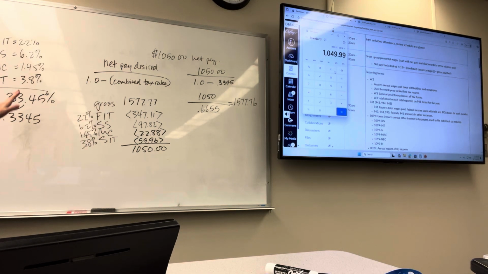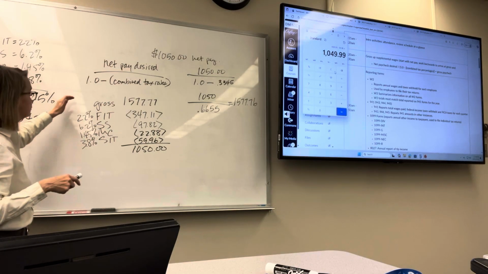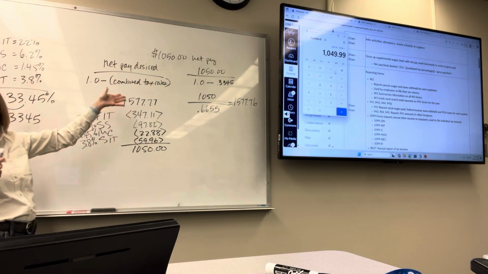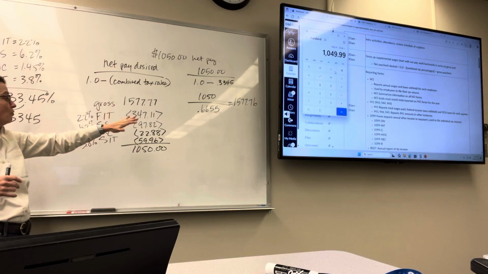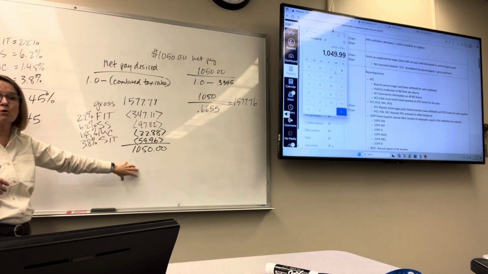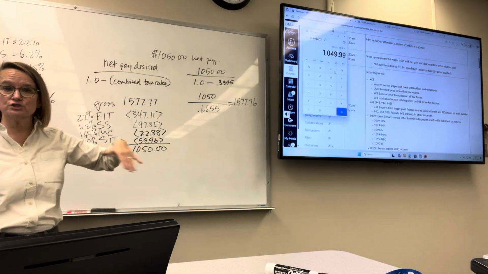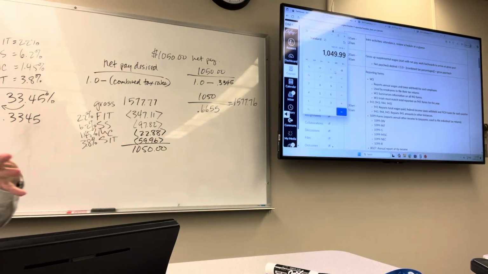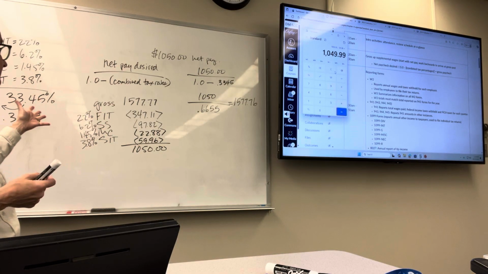If you're not within a penny or 2, then go back and do it over again and make sure you did it right. Okay, so we need to do this because we need to know how much is being withheld for each of those taxes. It also acts as a check on our math to make sure that we did it properly.